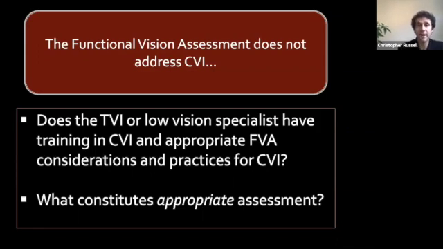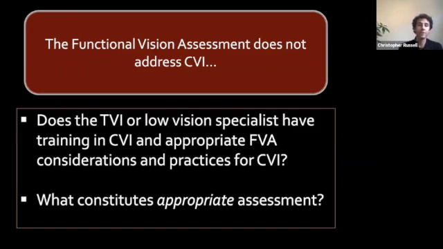So doing a standard FVA with tools that are developed and geared towards students with ocular visual impairments, and looks at ocular visual behaviors and visual functions like tracking, scanning, contrast sensitivity, stuff like that, is not going to be appropriate because it's not actually relevant to CVI. It doesn't mean you can't assess those things too, but you must assess the unique impacts of CVI, whatever you understand those to be, right?